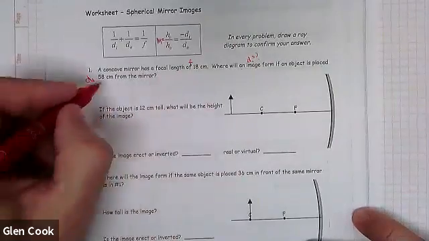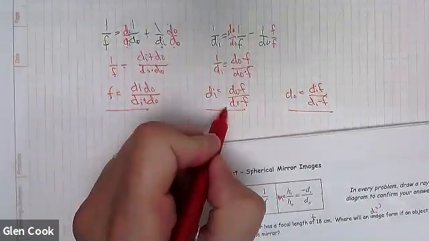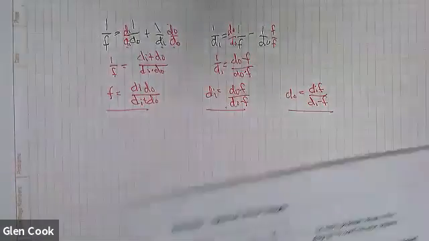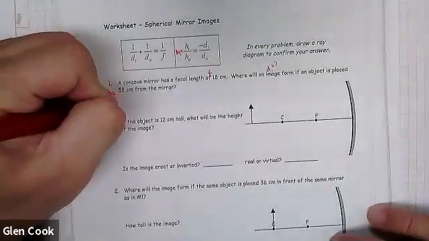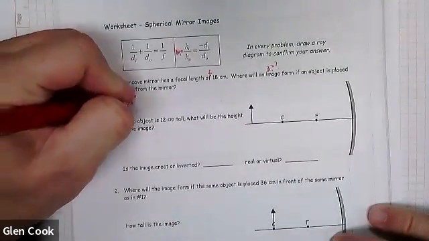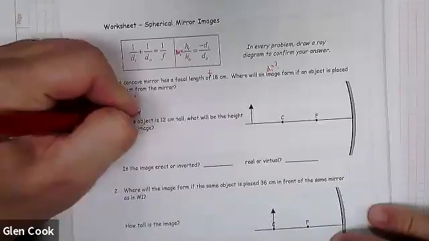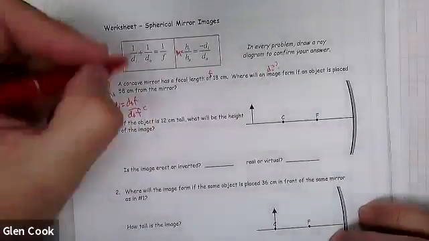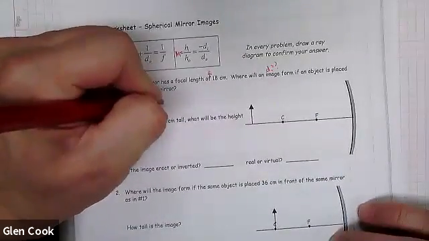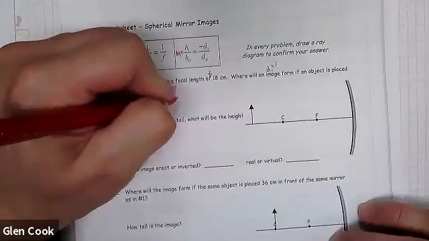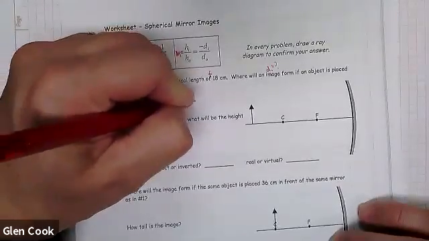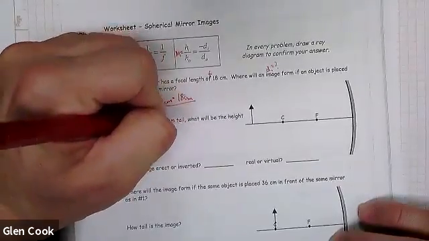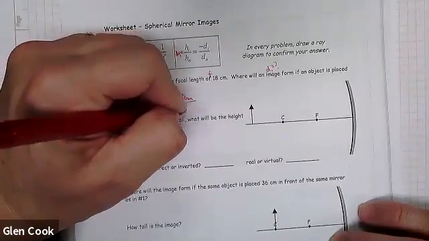I'm looking for DI, and DI equals DO F divided by DO minus F. So it equals 58 centimeters times 18 centimeters divided by 58 centimeters minus 18 centimeters.